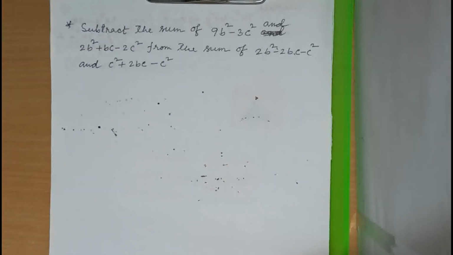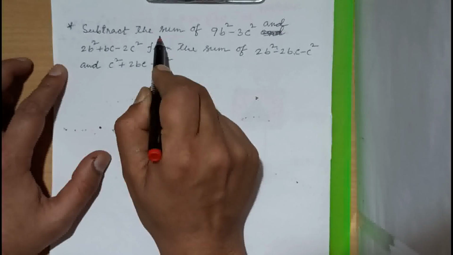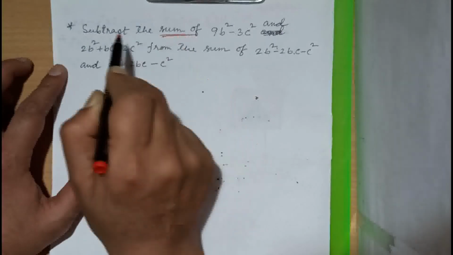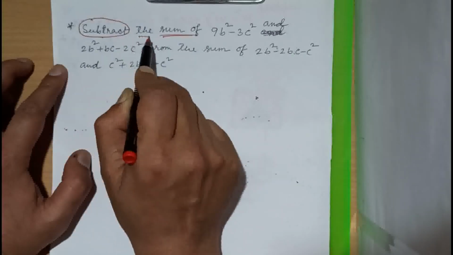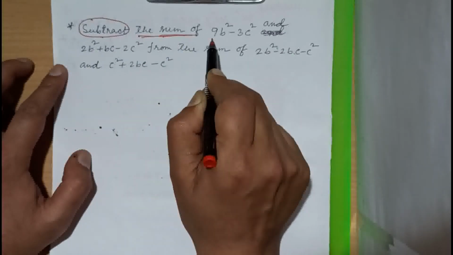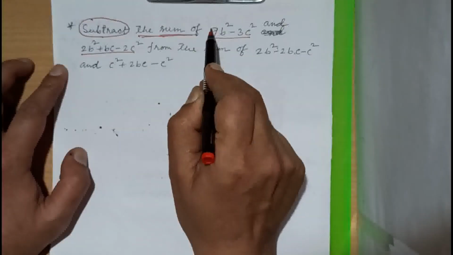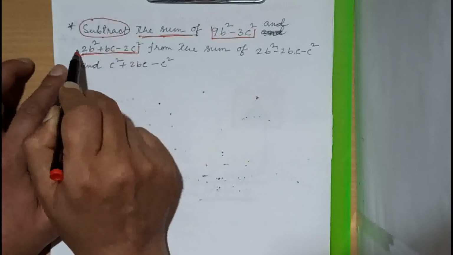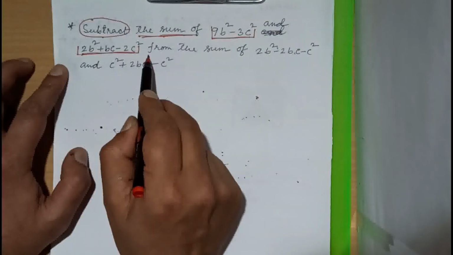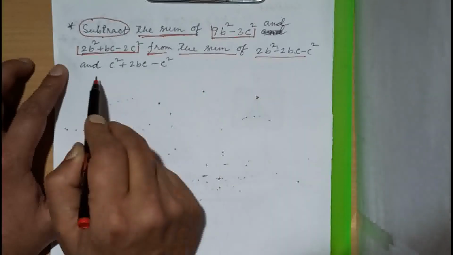Now let us see this question. Subtract the sum of, what to subtract? We need to subtract the sum of this and this. That means the sum of this and this we will subtract from the sum of this and this.